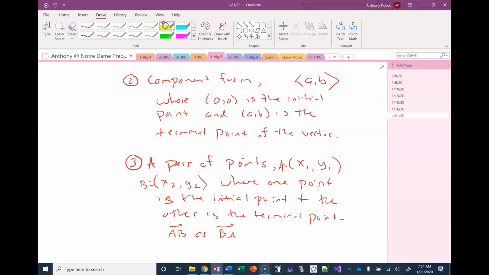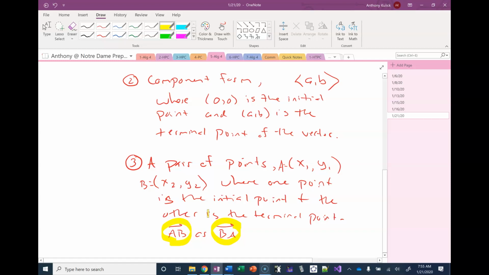One of the things that we do to help us differentiate a vector quantity from just a scalar quantity, like just a regular real number, is when we write a vector symbol, we put a little arrow over the top of it to differentiate between a variable and a vector. And if you're writing a vector with a two-letter notation like this, the order of the two letters matters.